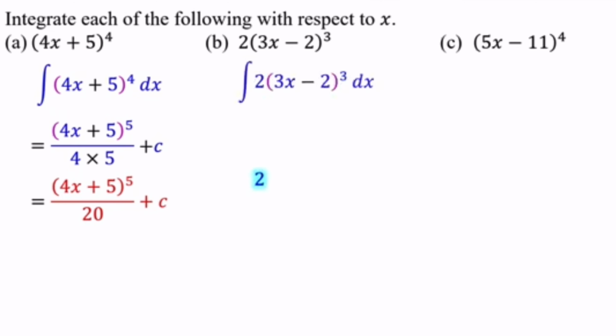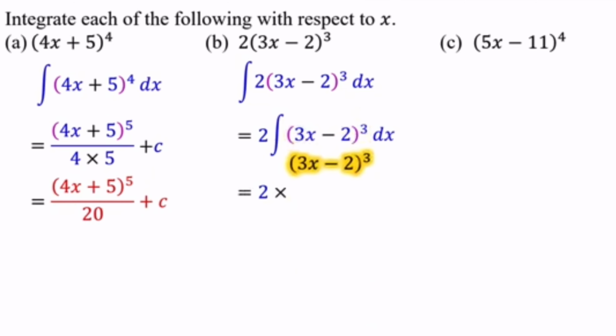Alright, let's discuss B. For B, the 2 you can just copy down, and then we will focus on 3x minus 2, and the power has to be raised by 1 and divided by power plus 1. So 2 times (3x − 2), 3 plus 1 will become 4.